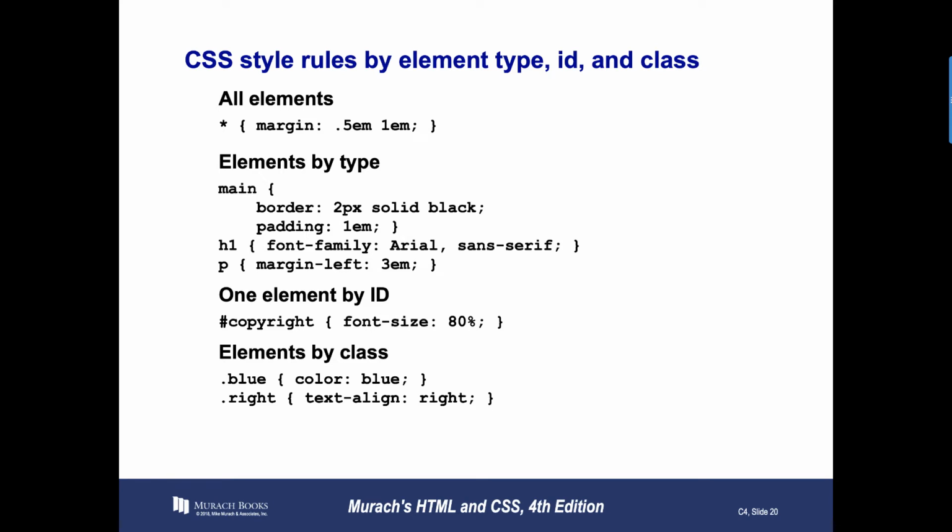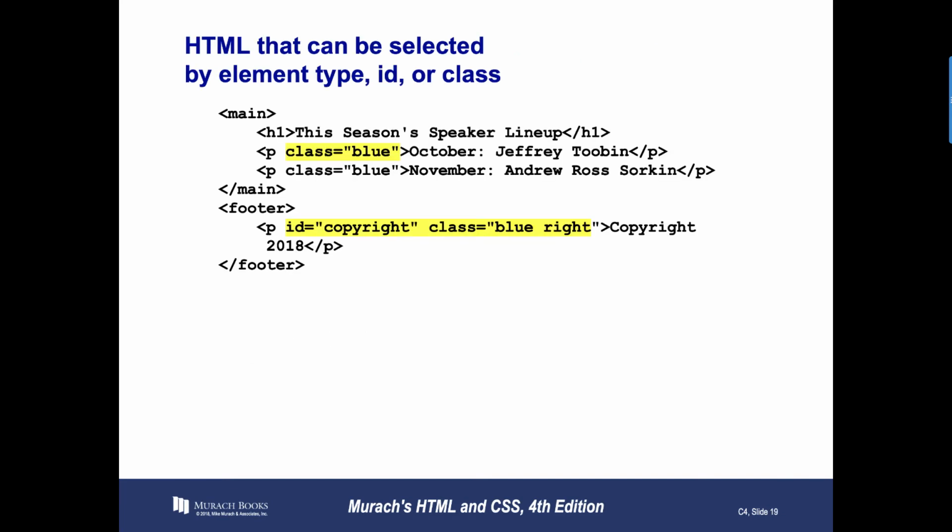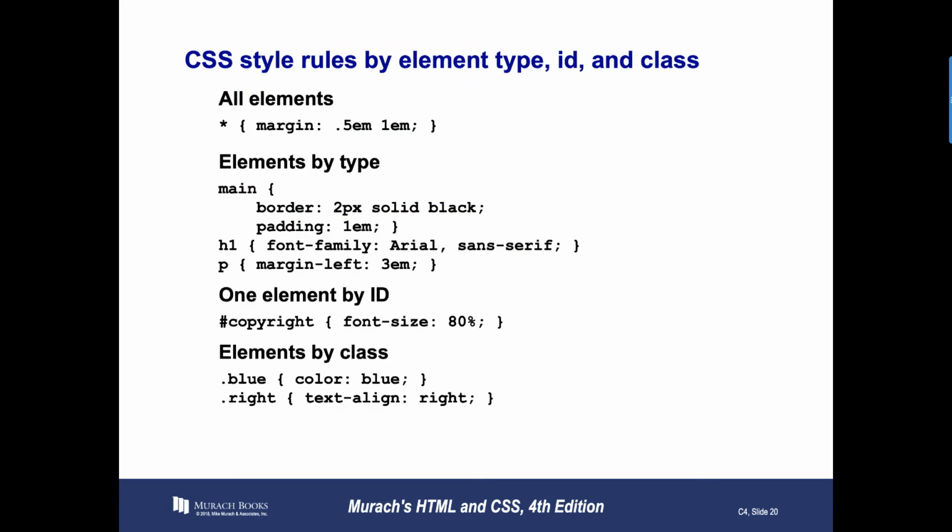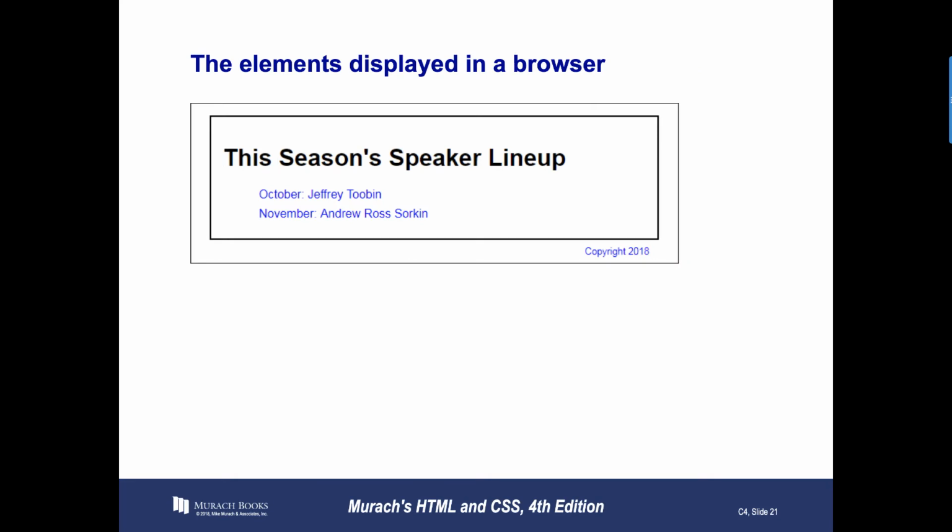And on the bottom there, elements by class, we did dot blue, but dot right is going to align the text to the right. And if you go back here, see it says class equals blue and right. So both those classes, right? It's going to include both of those when it goes to render your page. And there it is.